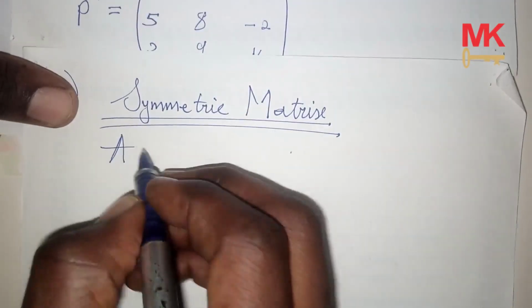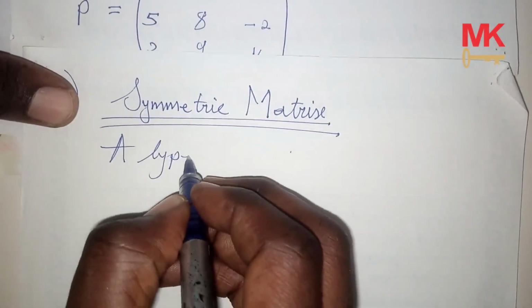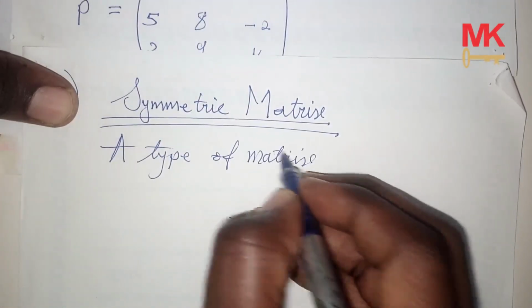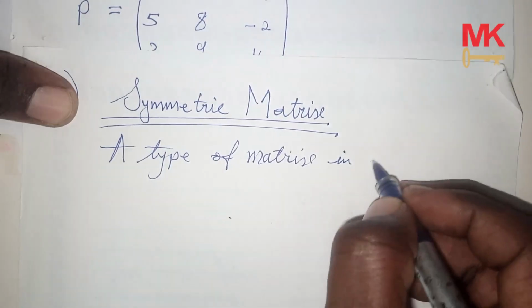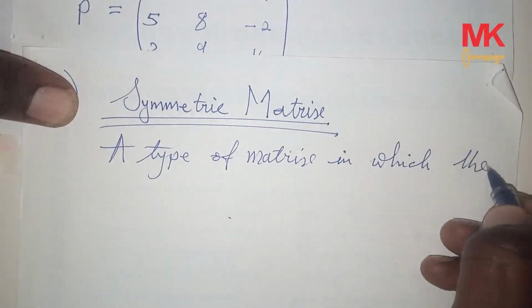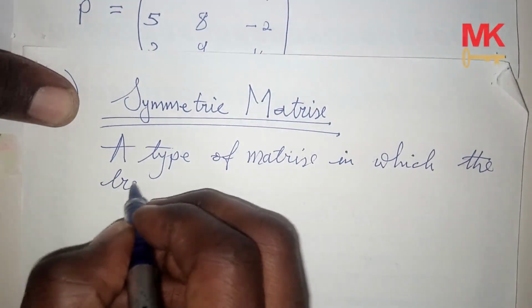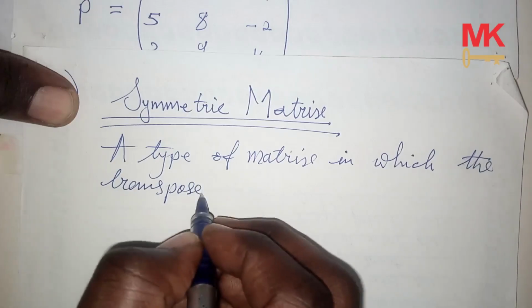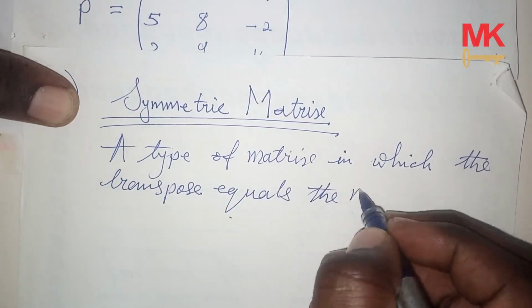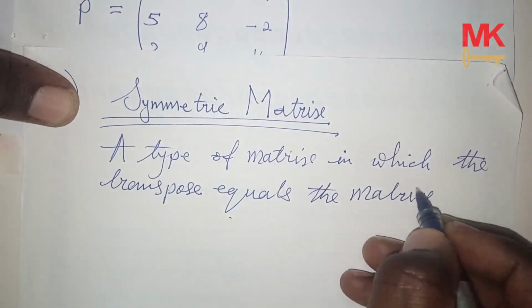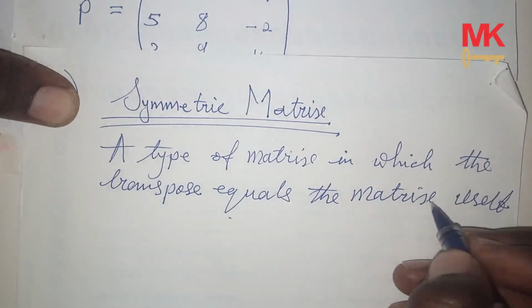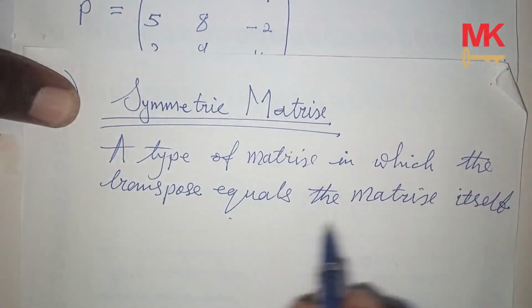So, a type of matrix in which the transpose equals the matrix itself.